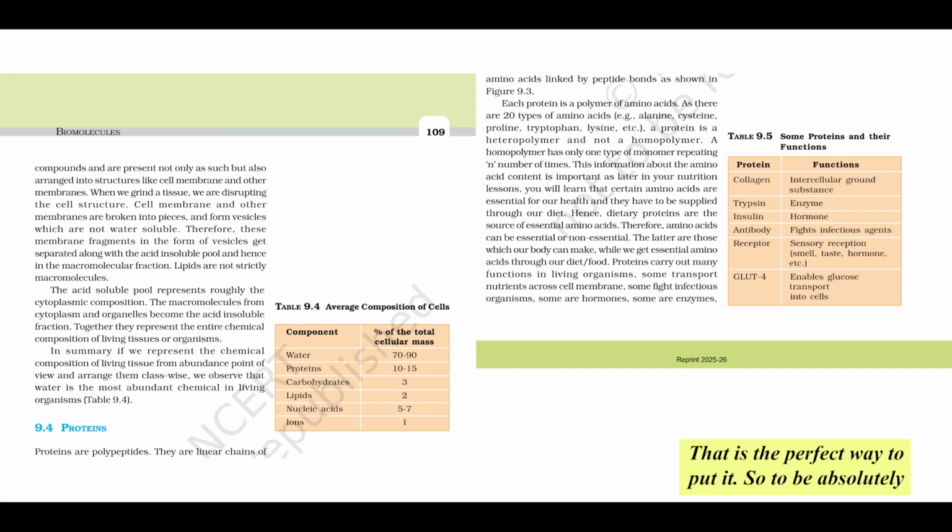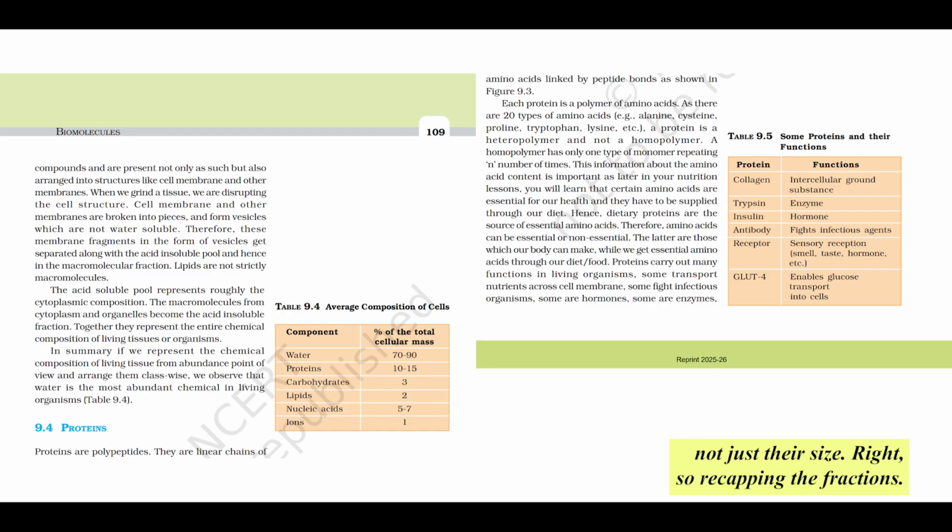That is the perfect way to put it. So to be absolutely crystal clear for your exams, lipids are not strictly macromolecules in the sense of being huge polymers like proteins, but they get separated with the macromolecular fraction because of their role in membranes and their resulting insolubility and aggregation into vesicles during the extraction process. It's a consequence of the analysis method and their cellular organization. Okay, that makes so much more sense now. It's about their behavior during extraction, not just their size.